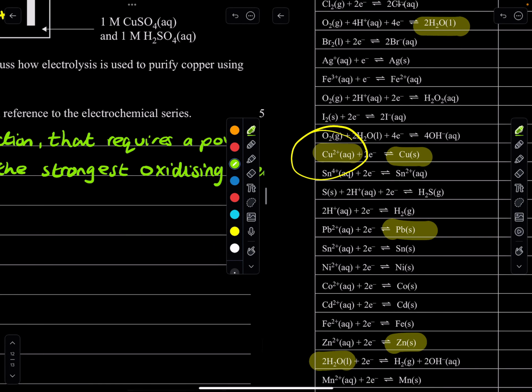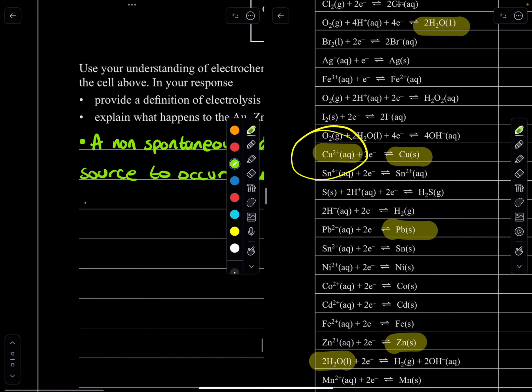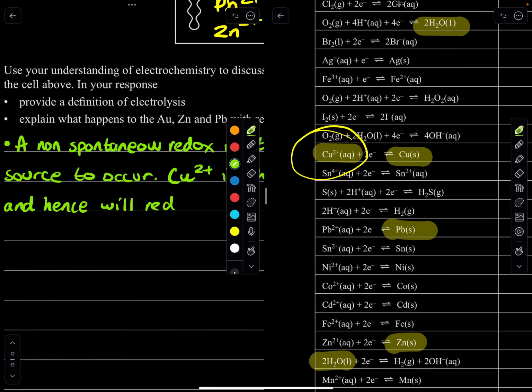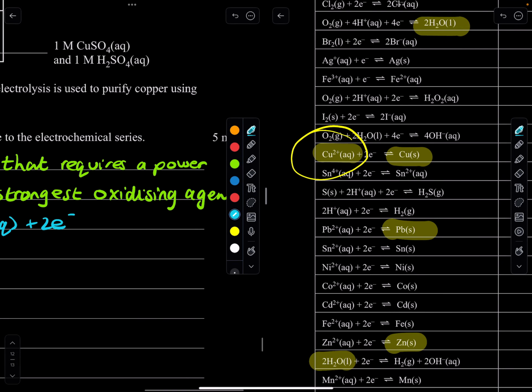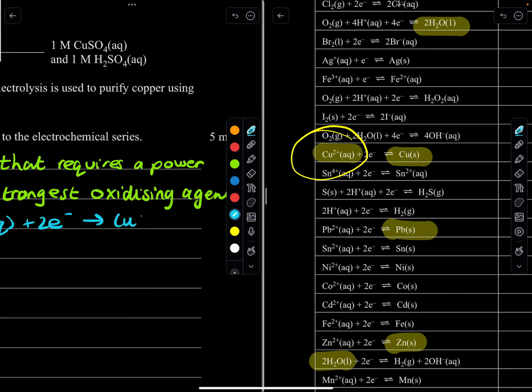So it's the strongest oxidizing agent, and hence will reduce. The formula is Cu2 plus aqueous plus 2 electrons gives us copper solid.